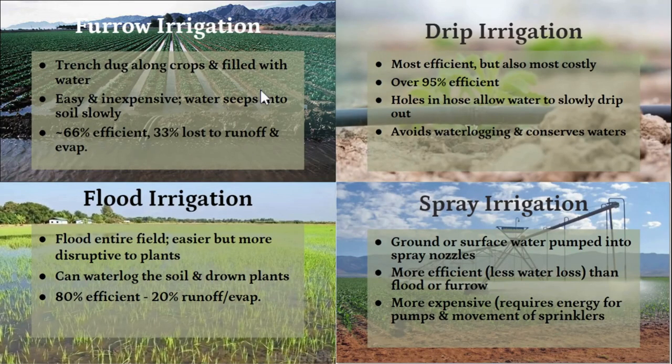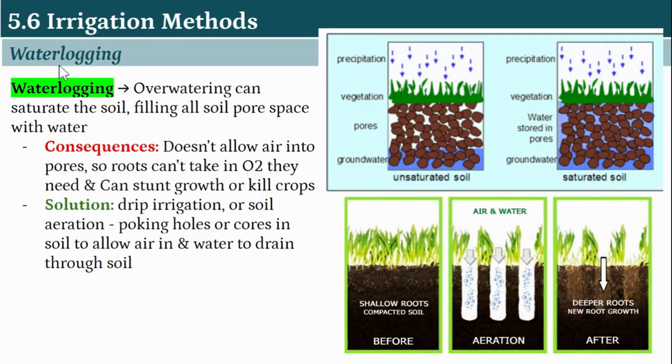So in certain types of irrigation, especially furrow and flood, the water can become logged, which means overwatering is going to cause this saturation of the soil. So this is what we saw when we did our soil series lab. Remember, we have 3 different particles of soil: sand, silt, and clay. Sand has the biggest particle, meaning it has the biggest pore, meaning that it's going to absorb water very quickly.